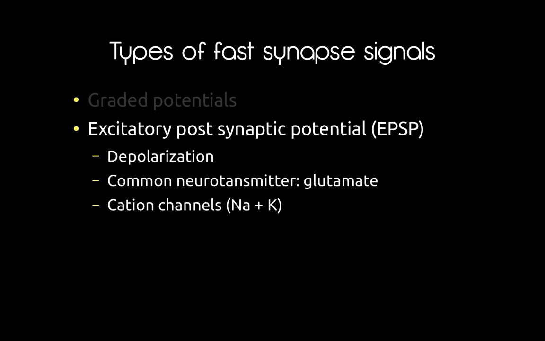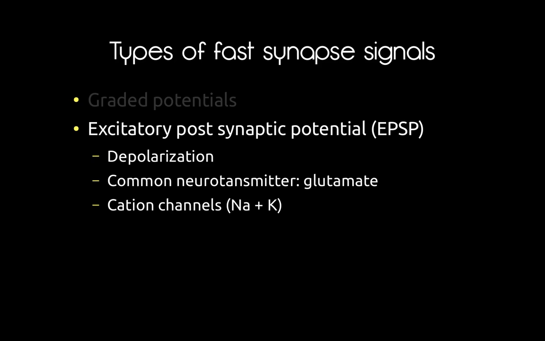Now remember, the potassium leak channels are open, and so potassium is already going down its concentration gradient quite a bit compared to sodium. So when these cation channels open, they're going to predominantly let through sodium, because sodium has more of an electrical and chemical gradient going down. The net effect of these general cation channels opening is depolarization, because far more sodium is going through these channels.